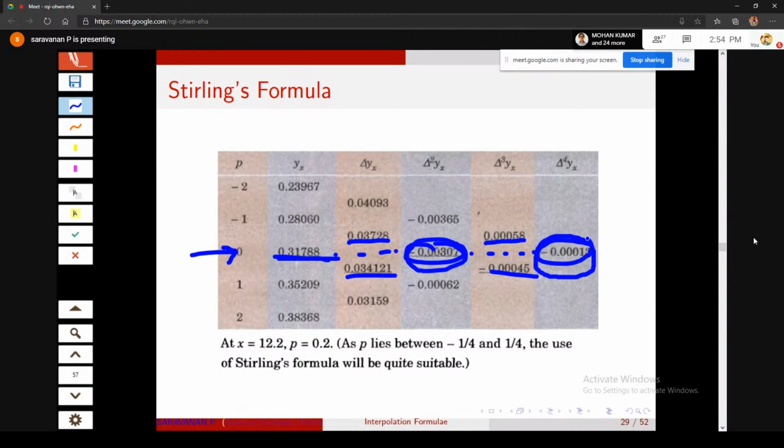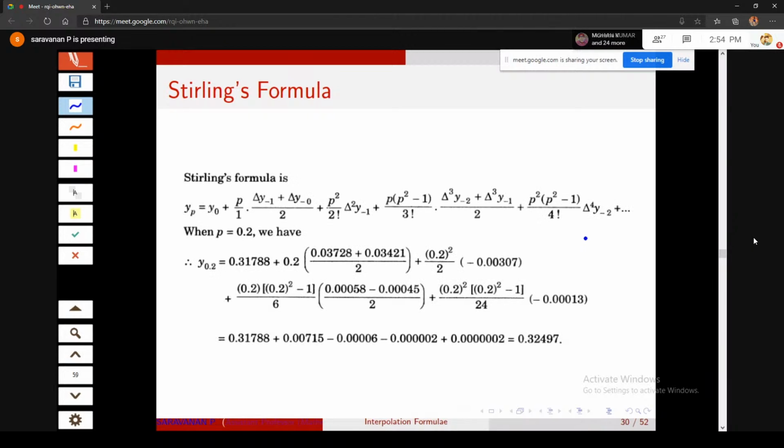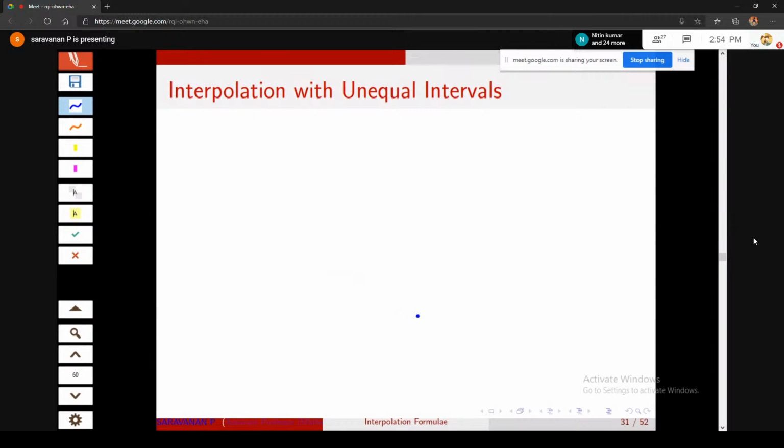So for all the odd powers you will get the average, and all the even powers will exactly coincide with the center horizontal line.